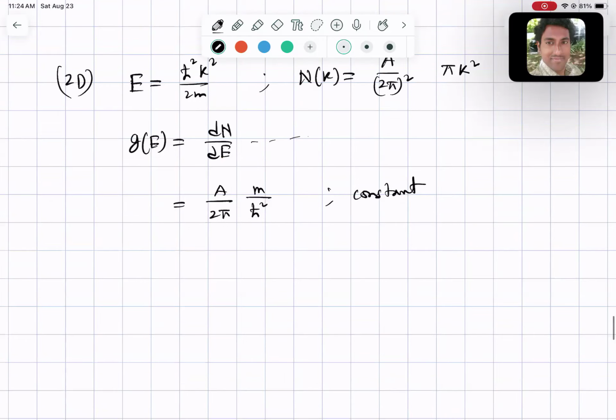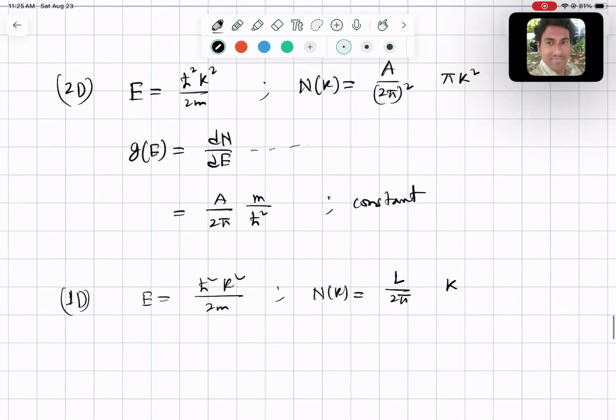Okay, and for the 1D case, E is h bar squared k squared over twice m, and n of k would be just twice k, right? L over twice pi, here just k, right?